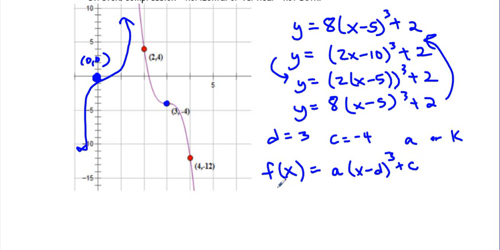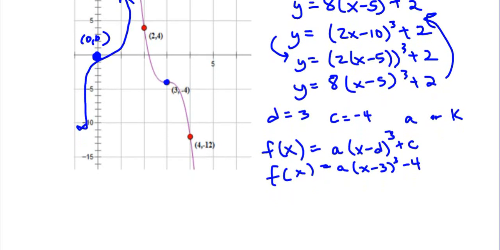So I'm going to sub in f of x equals A, which I don't know yet, times (x minus 3) cubed minus 4. I can see I have an equation with one unknown, so all I have to do is sub in either of these 2 points, not the point you already used, or any point on the graph in fact, and you'll solve for A.